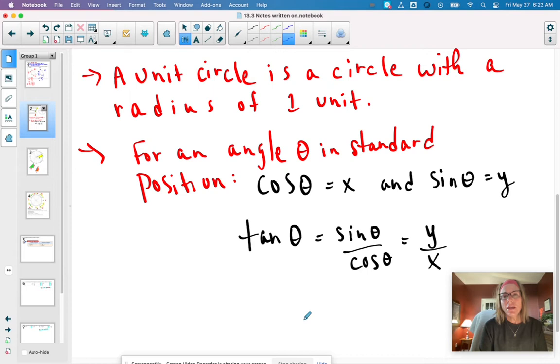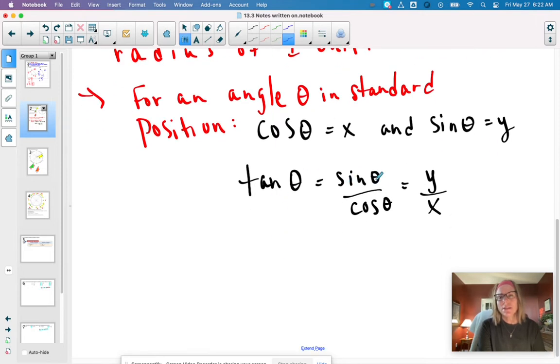For an angle theta in standard position, remember we talked about that in the last section, standard position means the vertex is at 0, 0, and the initial side is on the positive side of the x-axis. In that case, cosine theta is always going to equal x, and sine theta is going to equal y. We know that tan theta is sine over cosine, so therefore tan will be y divided by x.